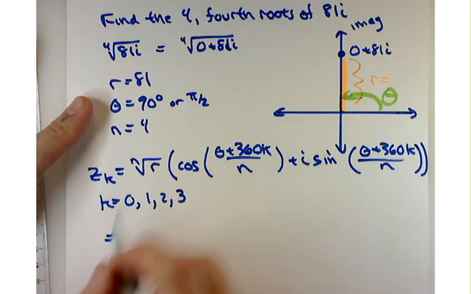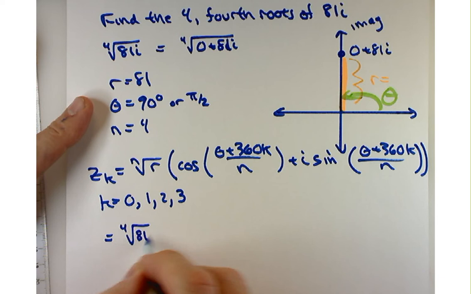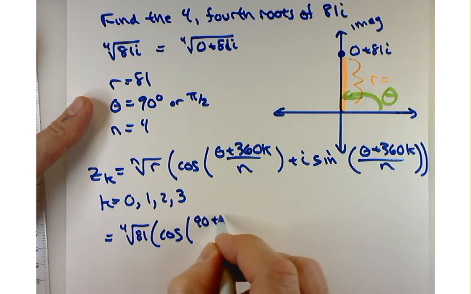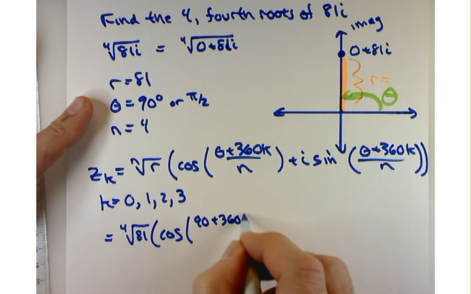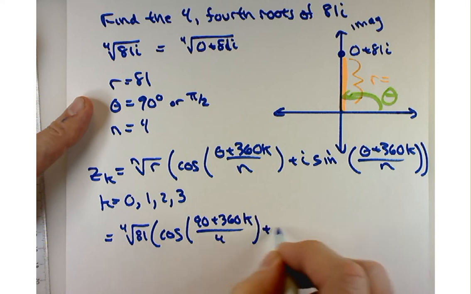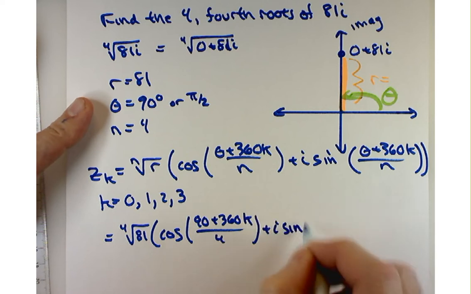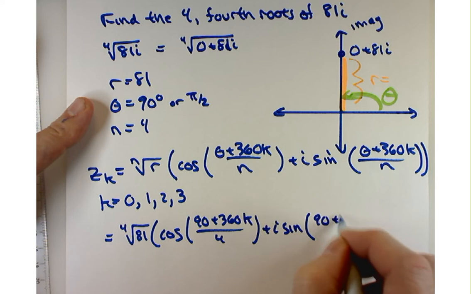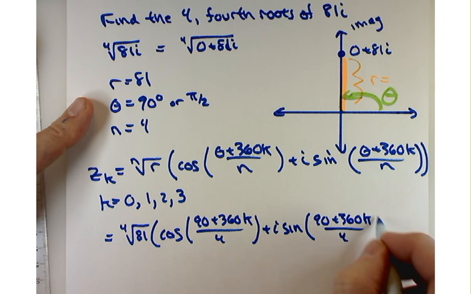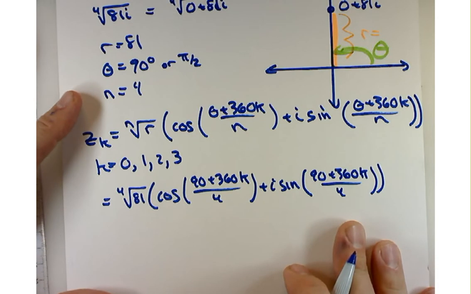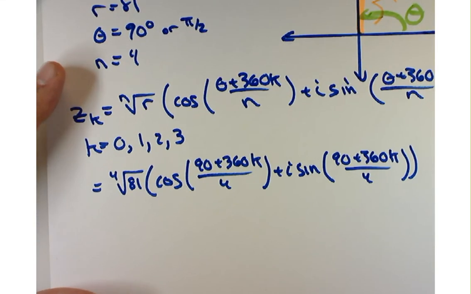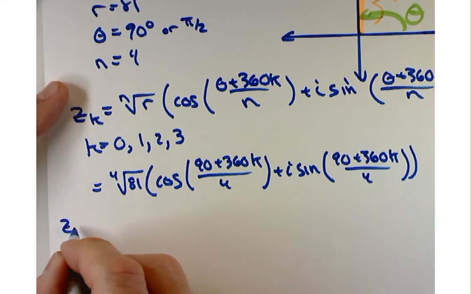That's going to be the fourth root of 81, cosine of 90 plus 360 times k over n, which is 4, plus i times the sine of 90 plus 360k over 4 again. And so that's our general formula. Let's start plugging in specific values.